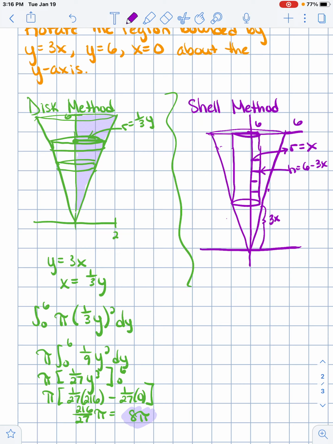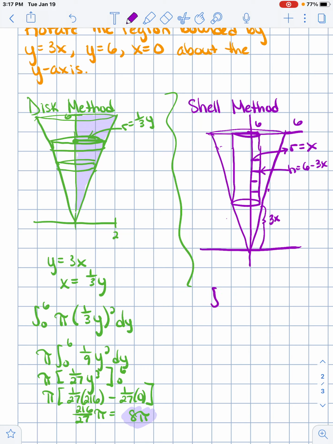Because from the x-axis to the bottom of the cylinder is 3x, all the way up to the top is 6, so what's in between is 6 minus 3x. The nice part about the shell method here is that I didn't have to rewrite the equation in any way. Everything is in terms of x, so it's going to make this problem a lot easier to solve.